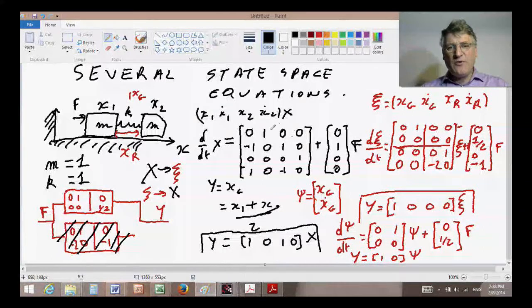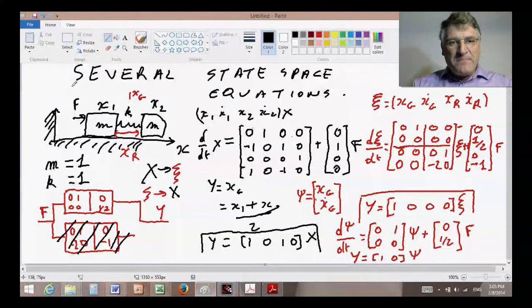There must be a simple transformation that takes this system and transforms it into that system. So, we will now establish that this system and that system are equivalent to each other.